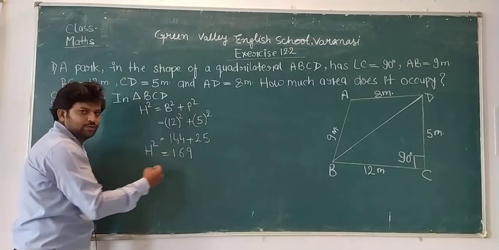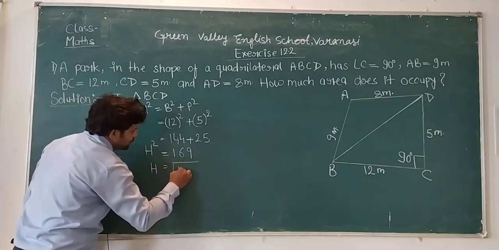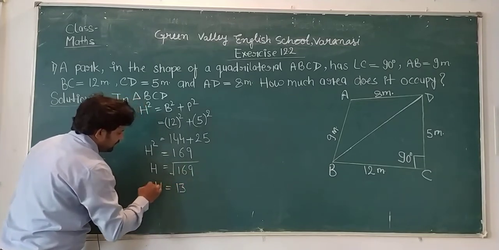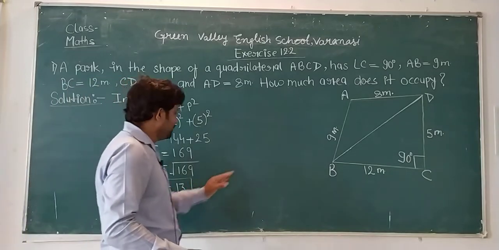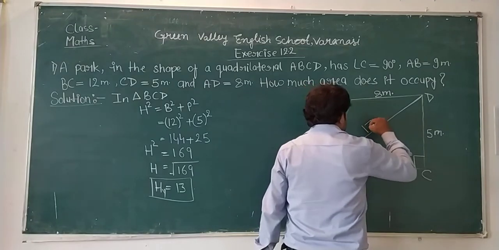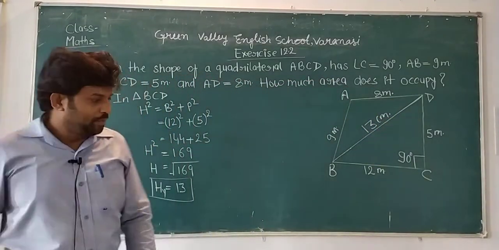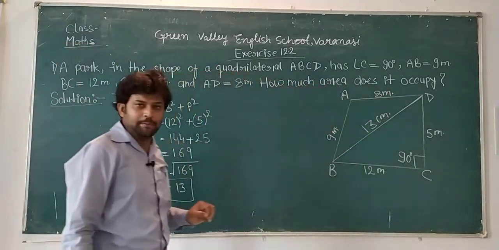Hypotenuse square is equal to 169, so the hypotenuse is the square root of 169, which is 13. It means the length of BD is 13 centimeter. Now we have the length of BD.